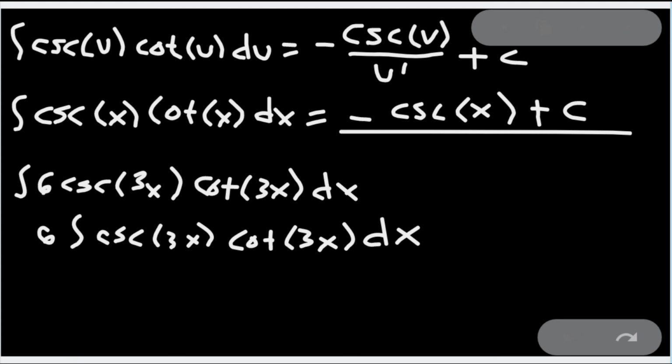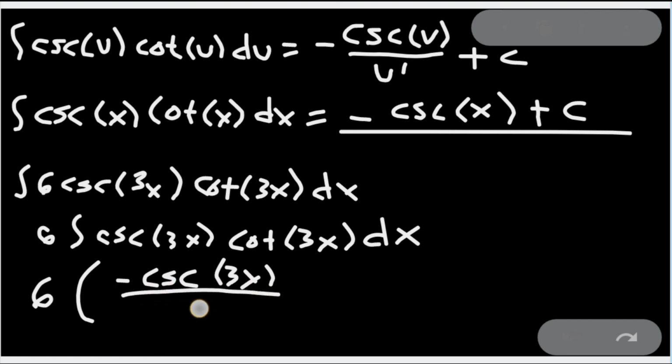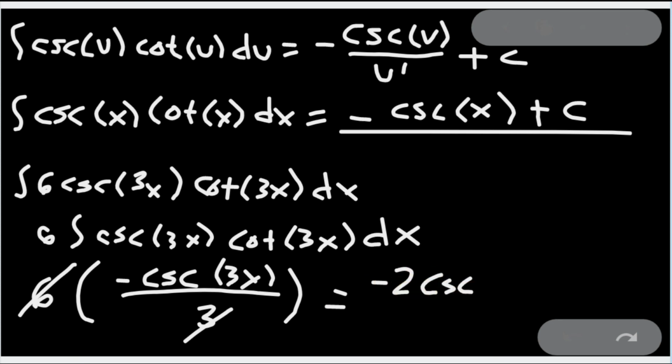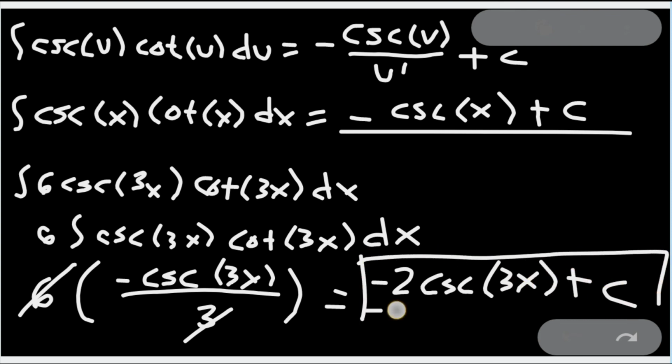The value of u here is 3x. So what we have is 6 times negative cosecant 3x, and the derivative of 3x is 3. So we can simplify it further, 6 and 3. So what we have now is negative 2 cosecant 3x plus c. So this is our final answer.